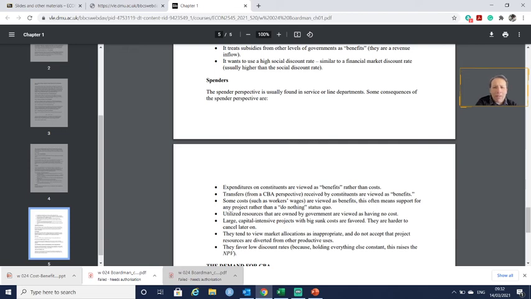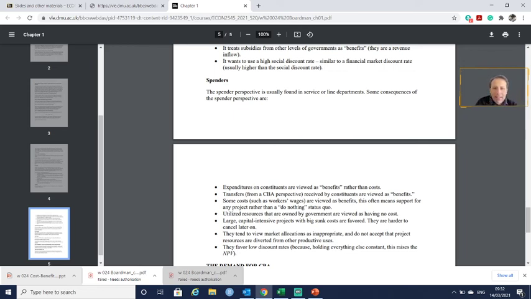This often means support for any project rather than a do-nothing status quo, especially a large capital intensive project. You can see what the big difference with the guardians is. There are two different views in there. Guardians are more focused, more egocentric if you want.